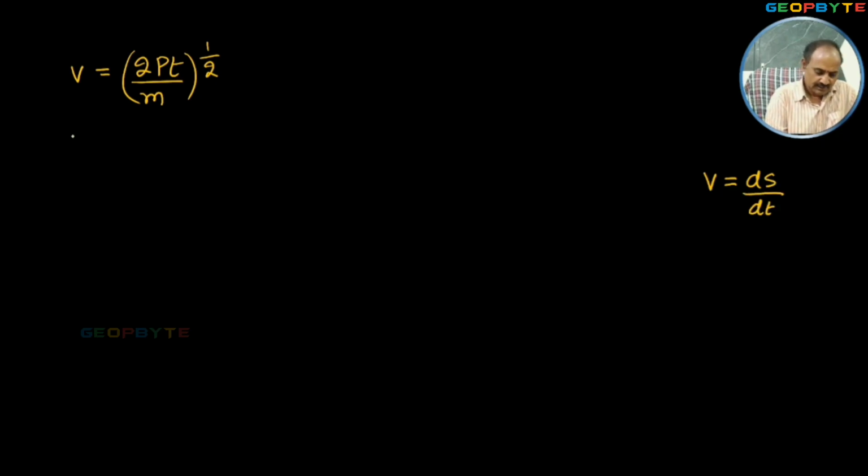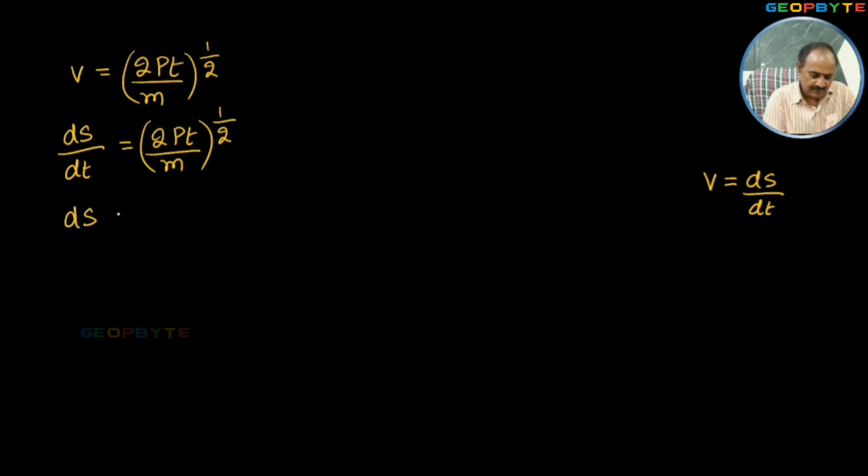So from this I can write ds by dt is equal to (2Pt by m) whole power 1 by 2, which can also be written as ds equal to (2Pt by mass) whole power 1 by 2 into dt.